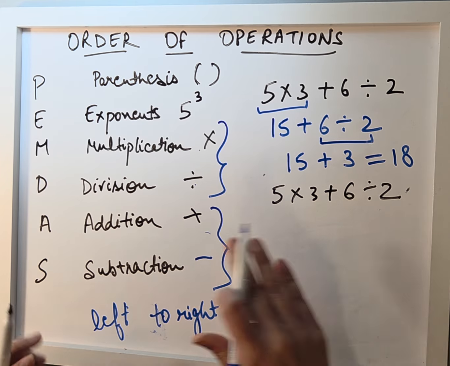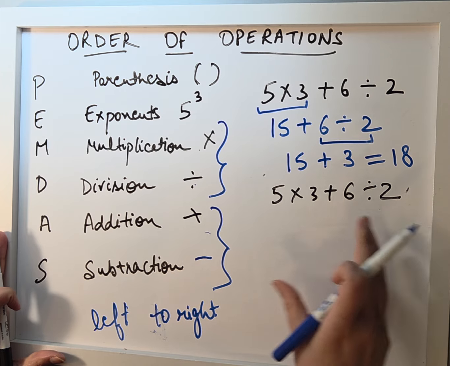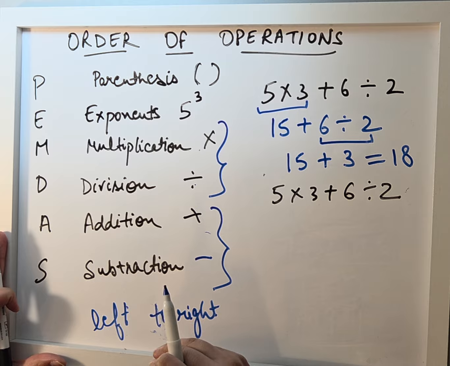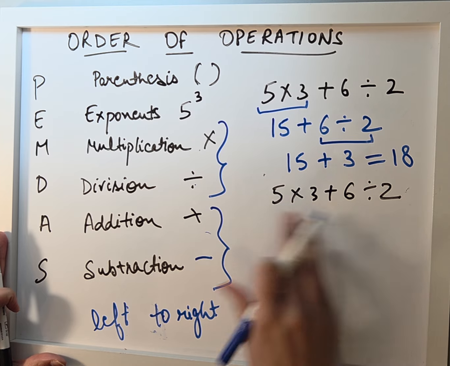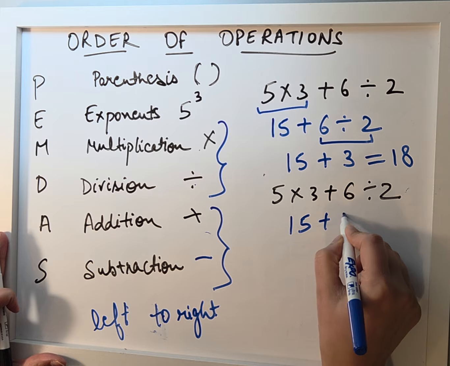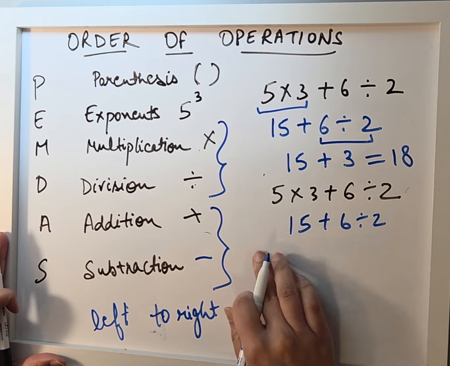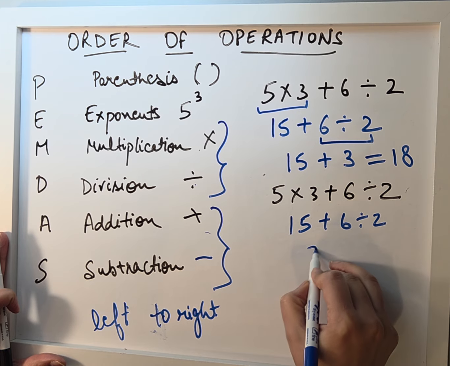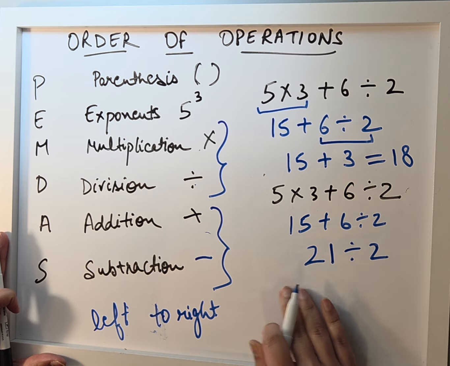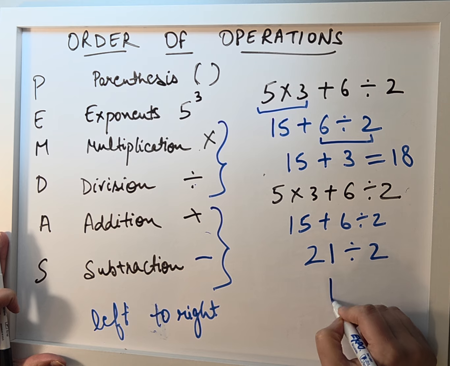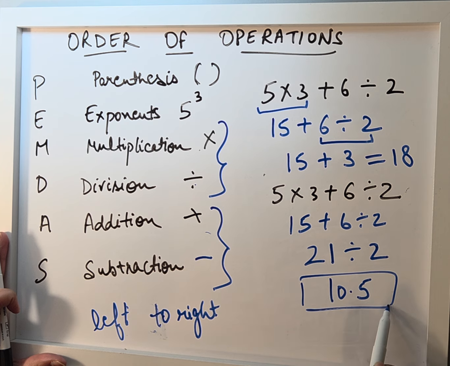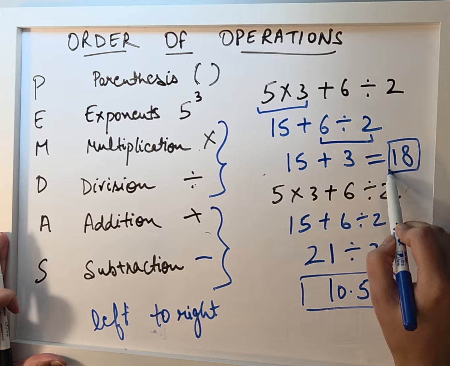Suppose I don't follow the PEMDAS order, I just do it from left to right. So 5 times 3 is 15, plus 6 is 21, divided by 2 is 10.5. So here we get 10.5 and there we got 18.